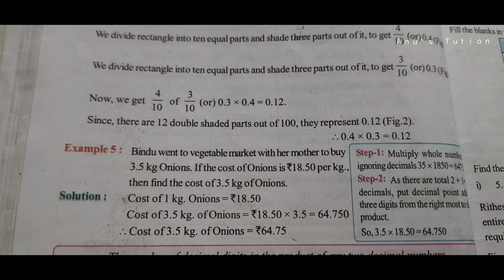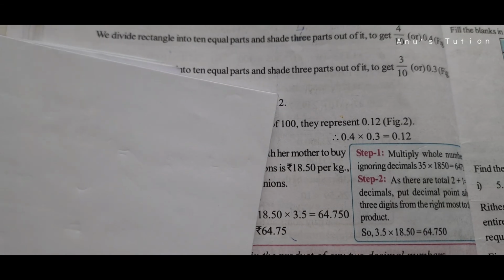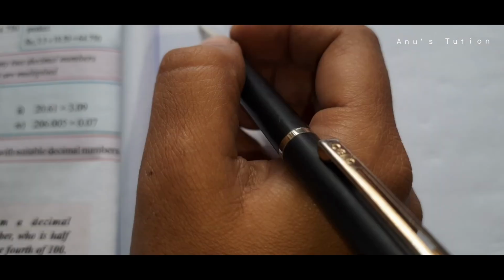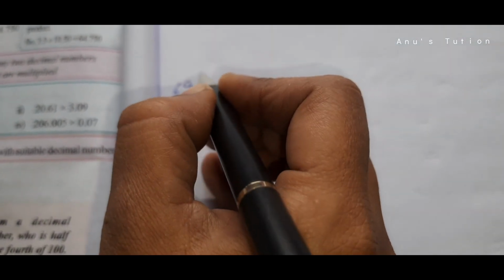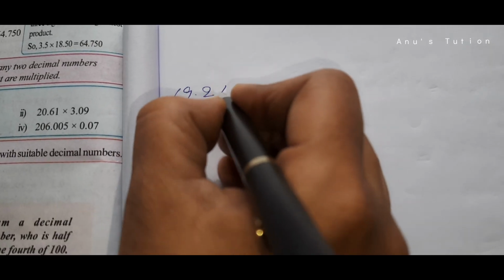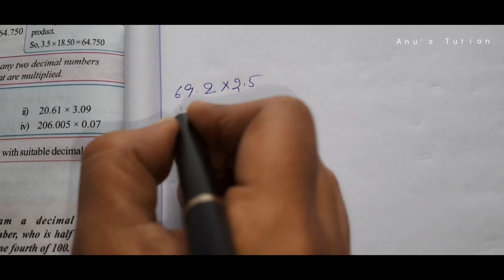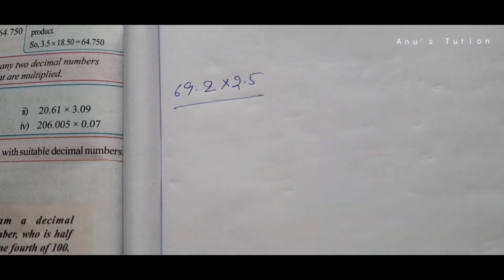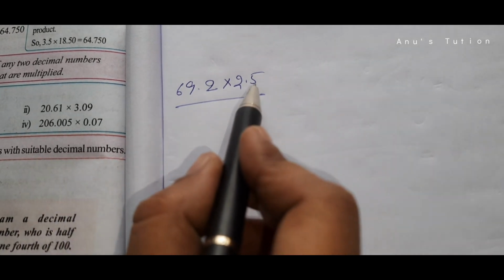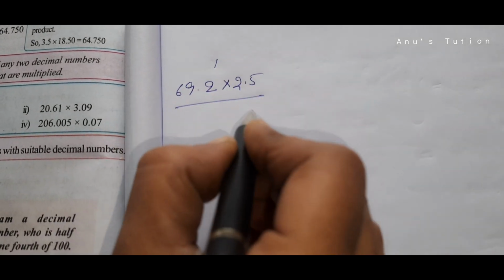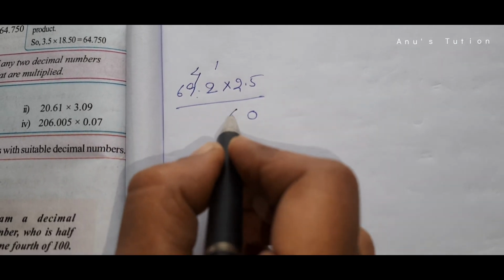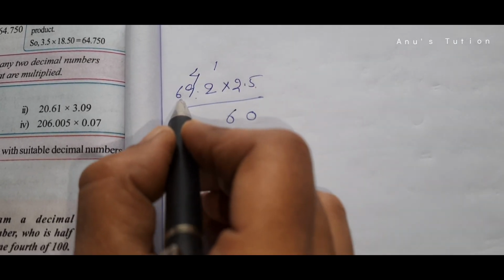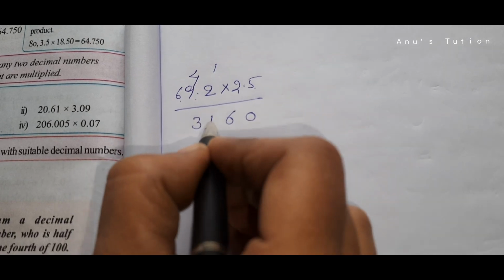We can find these products. 69.2 into 2.5. 5 twos are 10. 5 nines are 45, 46. 5 sixes are 30. 30 plus 4, 34.